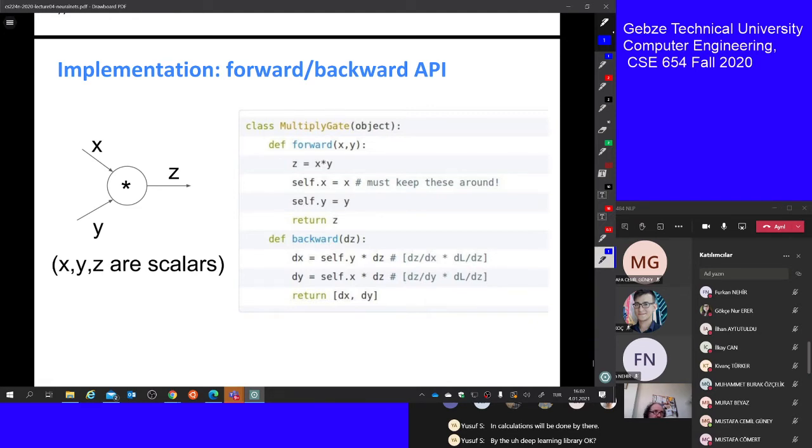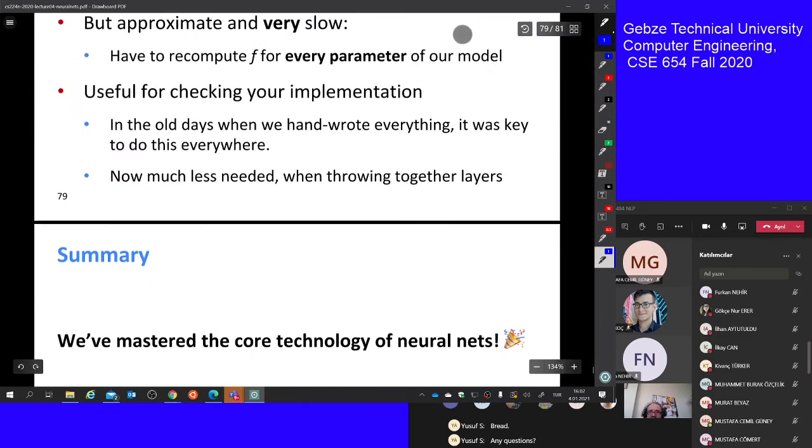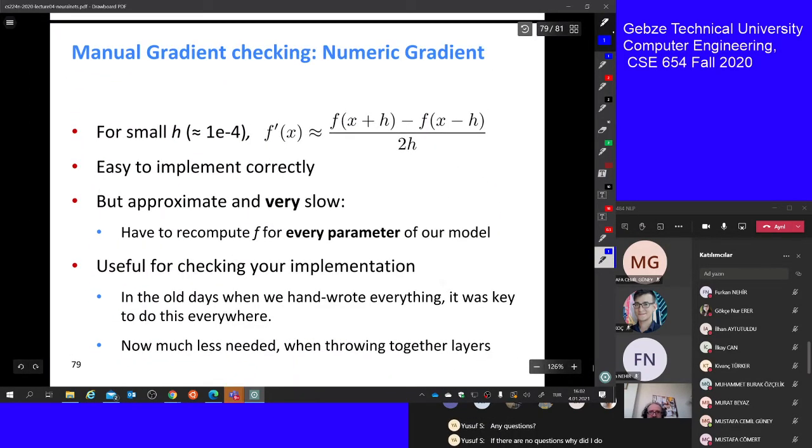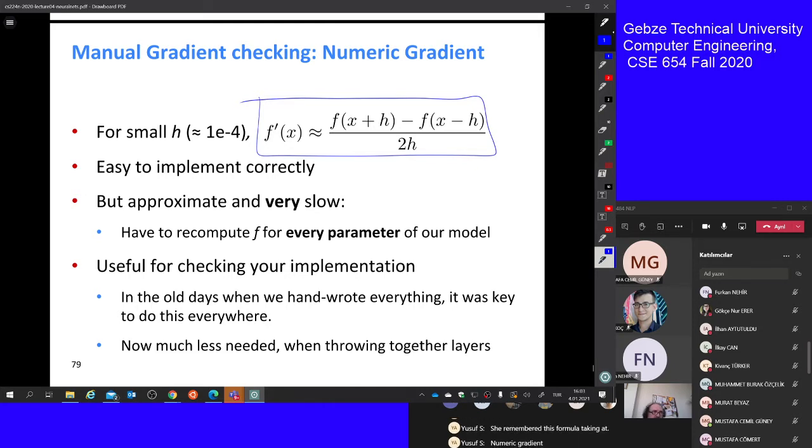Good. Any questions? If there are no questions, by the way, do any of you remember this formula? Taking a numeric gradient of a function. Do we use numeric gradients in any place in our networks?